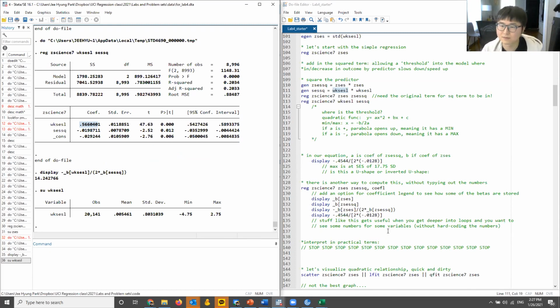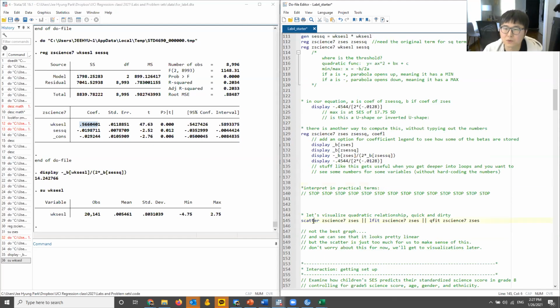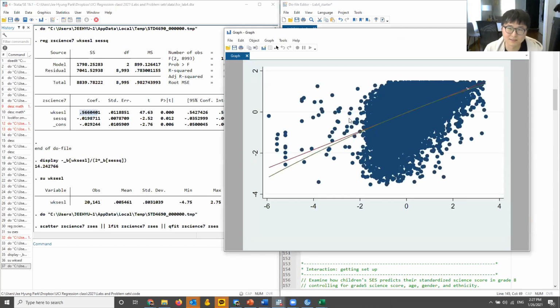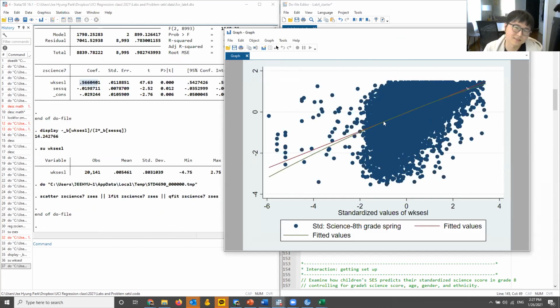It's not required. And you can quickly try and visualize it, like a quick and dirty version, where you say scatter these two things, fit a line, and then fit a quadratic, and it'll show you something like this. And it's pretty ugly.